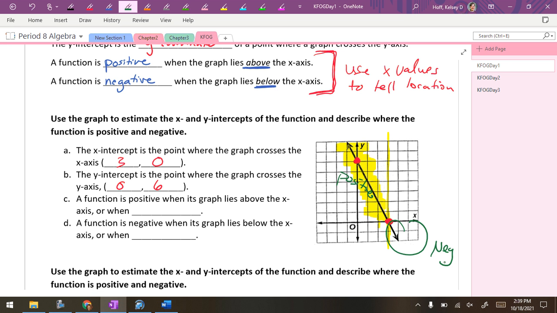A function is positive when the graph lies above the x-axis, in this case, when x is less than 3. Right here, x is 3, correct? When x is less than 3, is that to the left or to the right? To the left. So I'm telling you, everything to the left is above the x-axis.